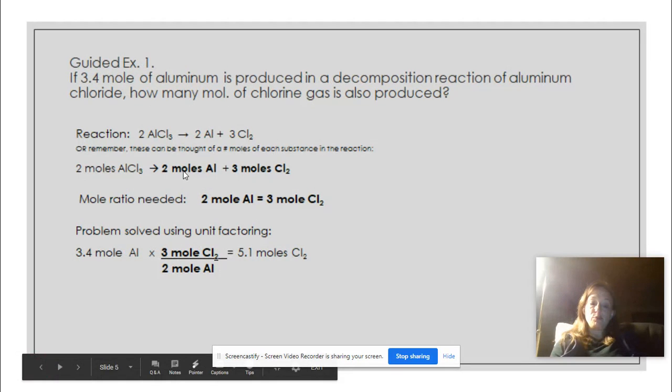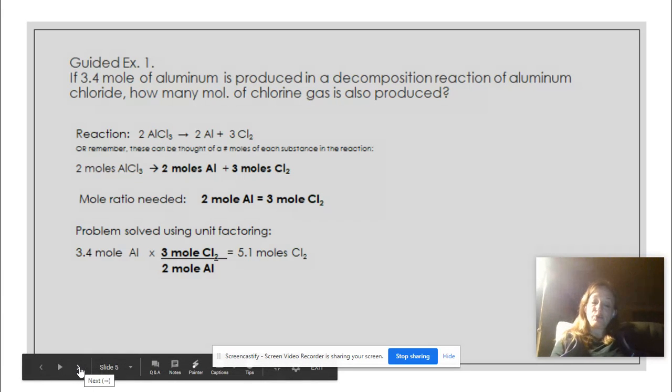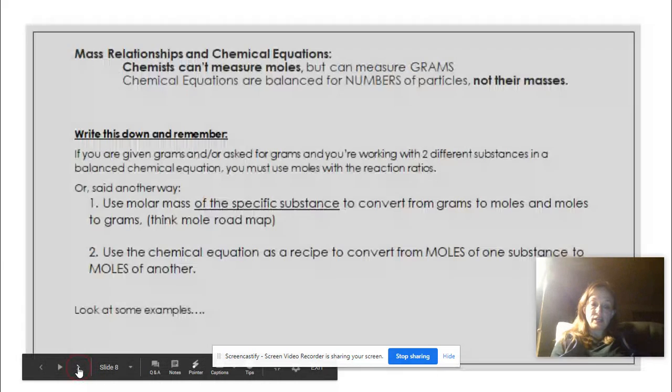In this one, we had moles of this thing, we're going to moles of that thing. Notice it can be anywhere in the reaction. It doesn't have to be reactants and products. It can be products and products. It can be reactants and reactants. As long as the balanced reaction is done for you, or you can do it, you can use the mole ratios in that reaction.